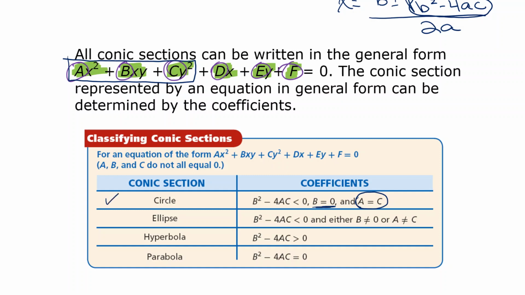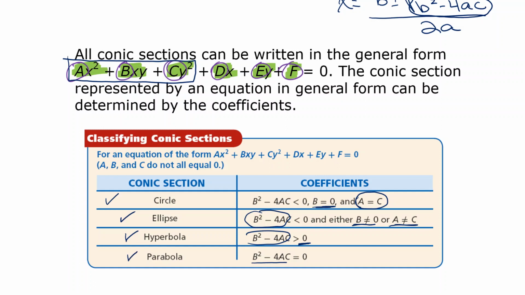If b squared minus 4ac is less than 0 and either b is not equal to 0 or a is not equal to c, then we're going to have an ellipse. If b squared minus 4ac is greater than 0, it's going to be a hyperbola. And if b squared minus 4ac is equal to 0, it's a parabola.